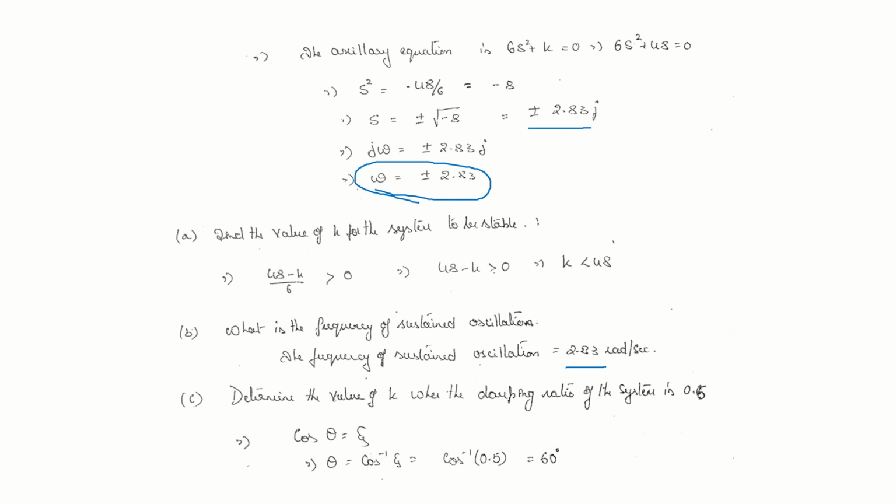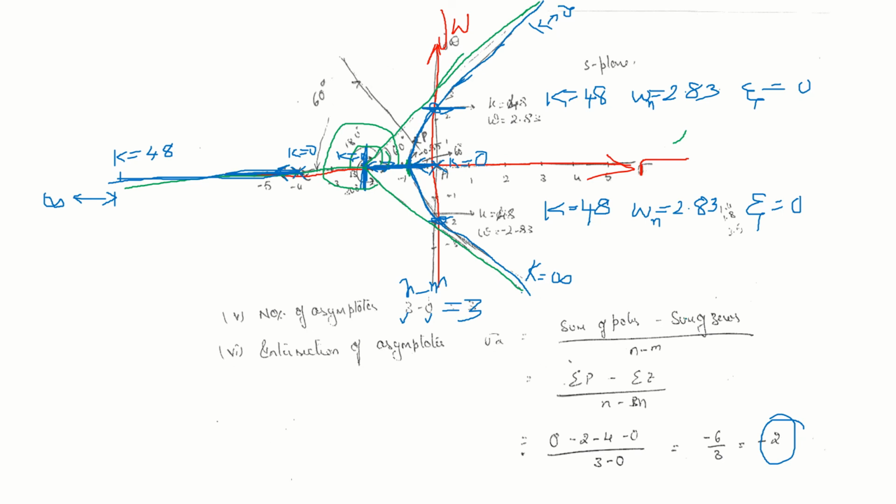So, determine the value of k when the damping ratio of the system is 0.5. Cos theta is equal to zeta, right? Theta is equal to cos inverse zeta. Cos inverse of 0.5, theta is 60 degrees. Let us draw the 60 degree line.